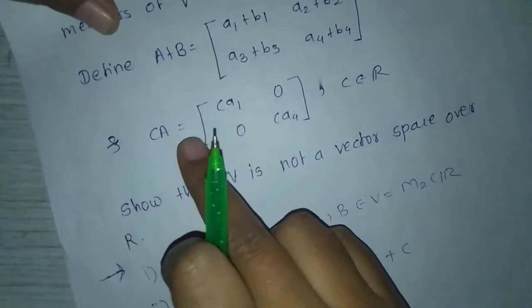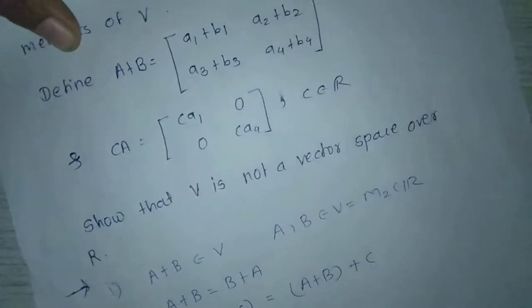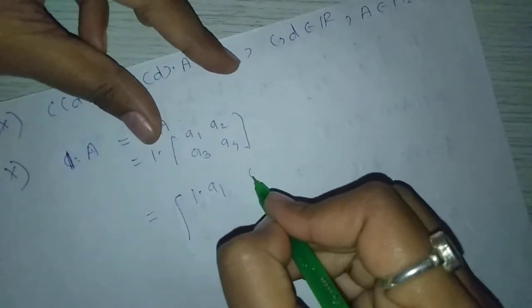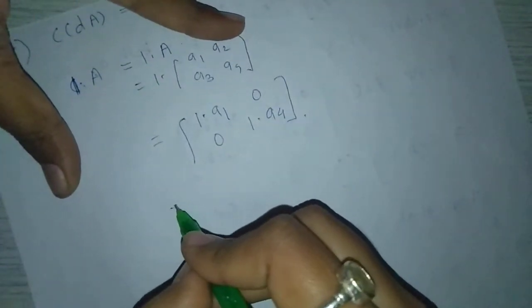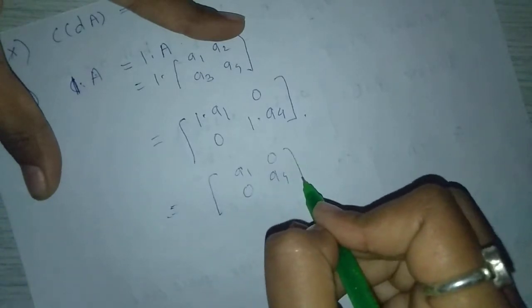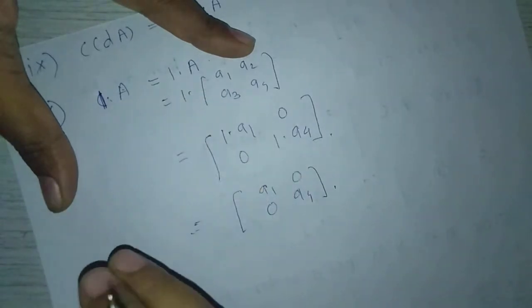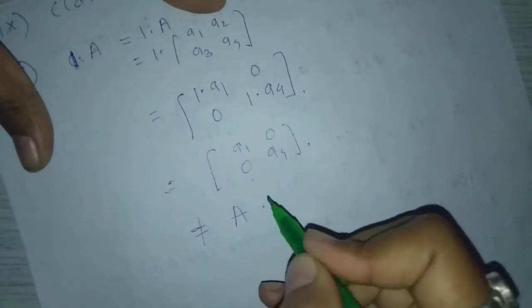Now scalar multiplication is defined as C into A equal to C into A1, 0, 0, C into A4. Means here 1 into A1, 0, 0, 1 into A4, which is equal to A1, 0, 0, A4. For multiplicative identity, 1 into A must be equal to A, but this matrix is not equal to A.